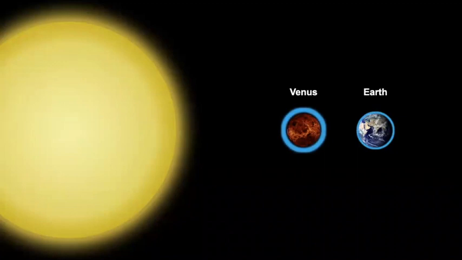You can see Venus's atmosphere is much, much thicker, as a result of which, when the sun's rays hit Venus, it traps in much, much more quantities of infrared radiation. In fact, it is so hot that on Venus, if there is lead, lead will melt instantly because of the heat.